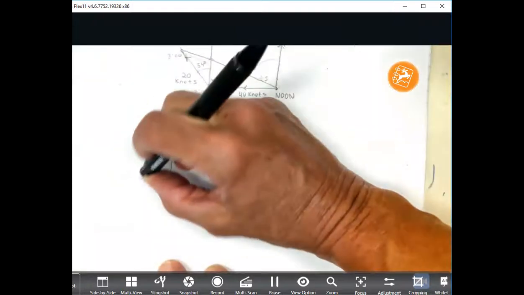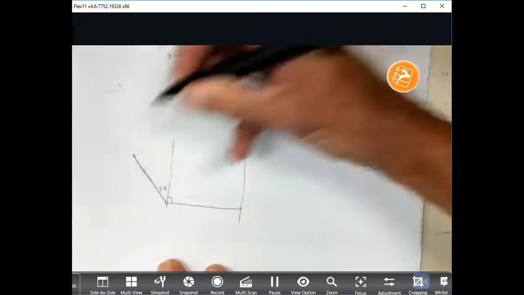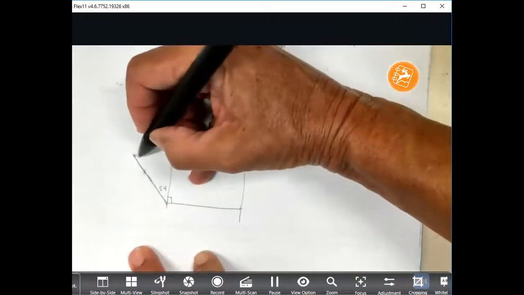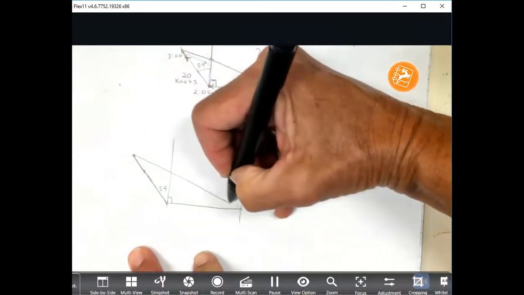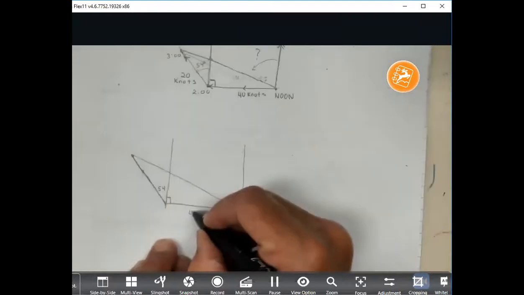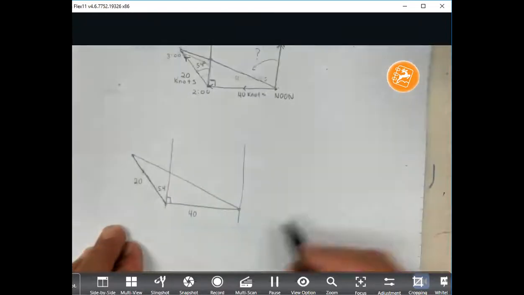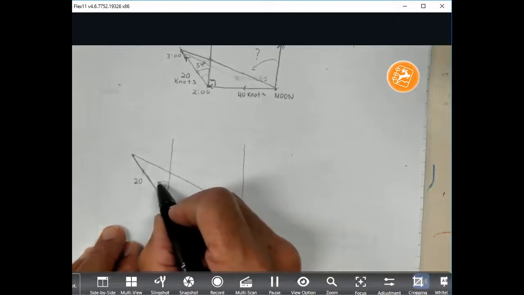I need to push that up a bit so I can draw a big enough triangle. There. That was 40. That was 20. And that's 54.